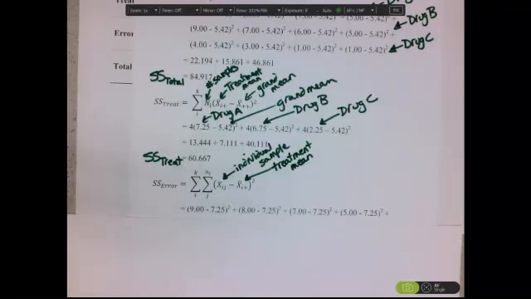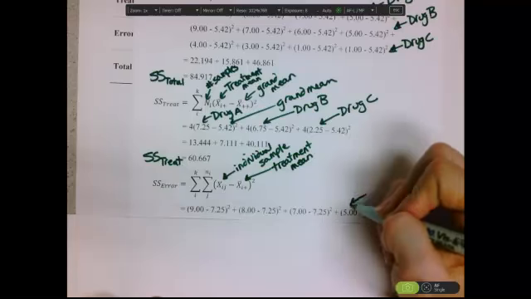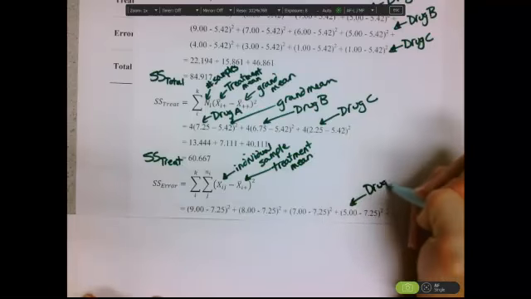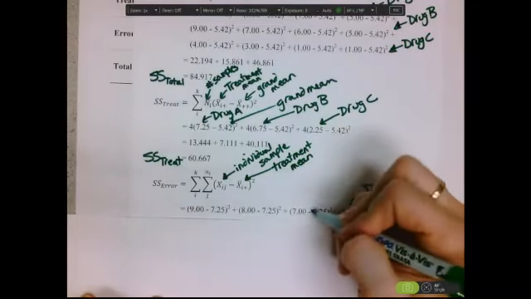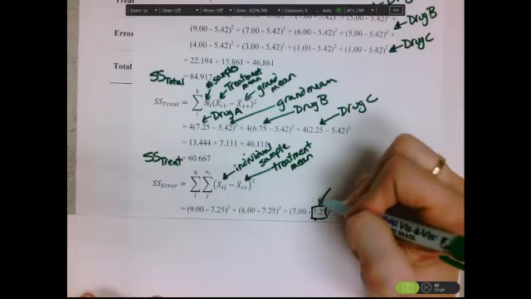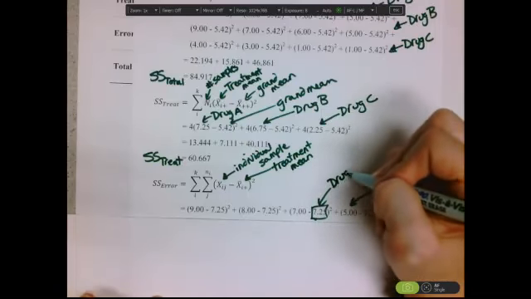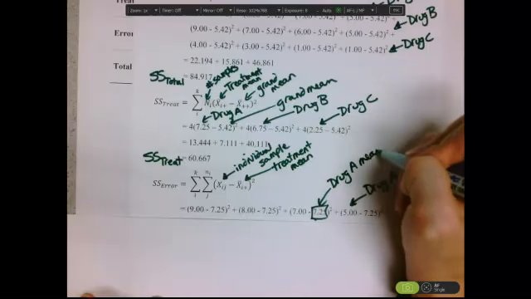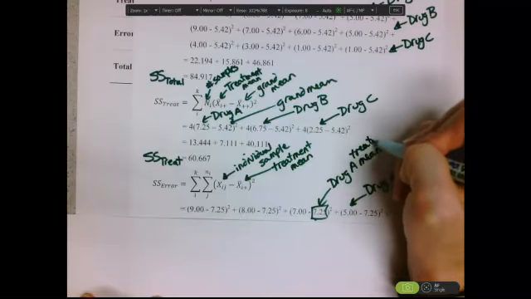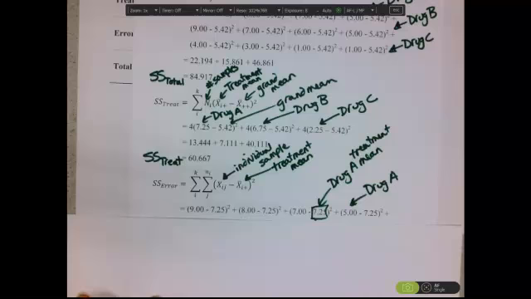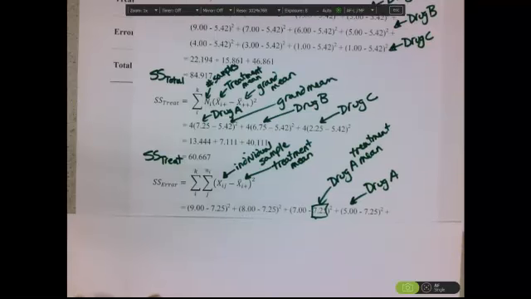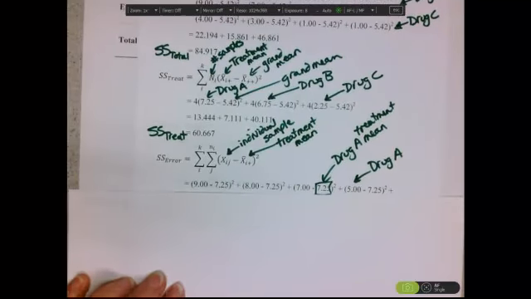So now we have the individual data points for drug A. We're still doing drug A in the top row here, and the second value is the drug A mean, the treatment mean. So it's the individual scores minus the drug A treatment mean in the first row. Of course, those are all squared.